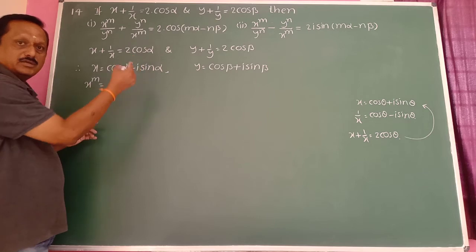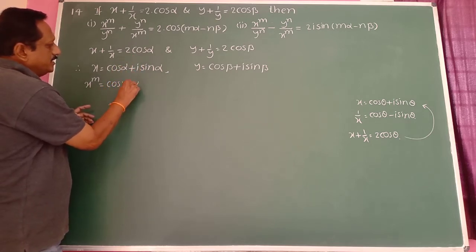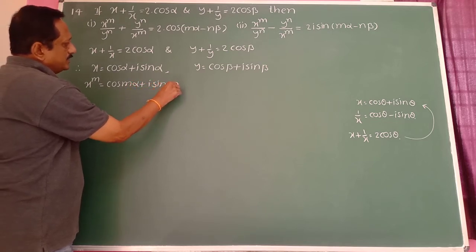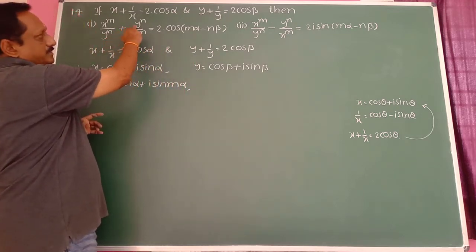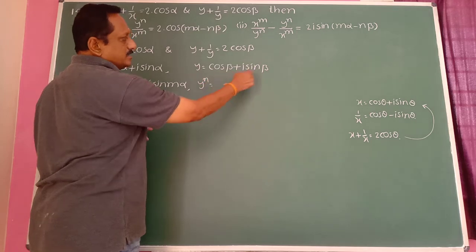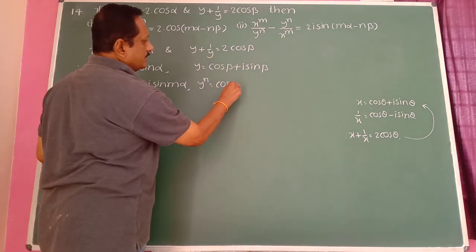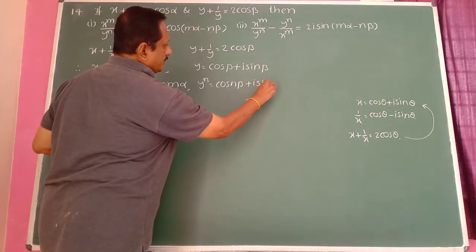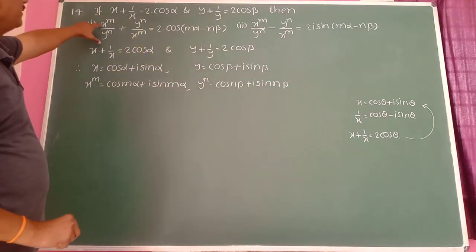This raised to m, using de Moivre's theorem, becomes cos m alpha plus i sin m alpha, and y raised to n terms are there. So y raised to n, this term raised to n, using de Moivre's theorem, we can write cos n beta plus i sin n beta. Next, x raised to m upon y raised to n.